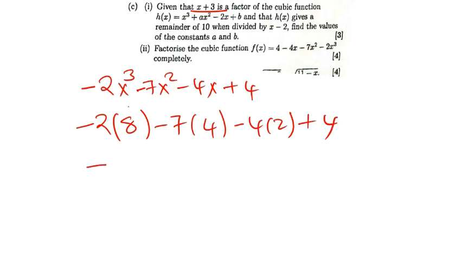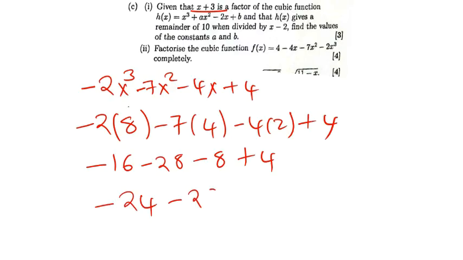This is a -16. That's a -28. That's a -8. This is a 4. -16 minus 8 is a -24. -28 plus a 4. Oh, there's nothing positive here. Okay, so this has refused.